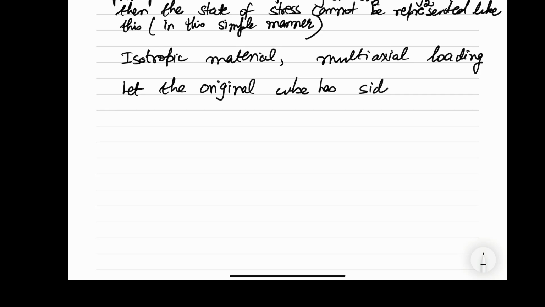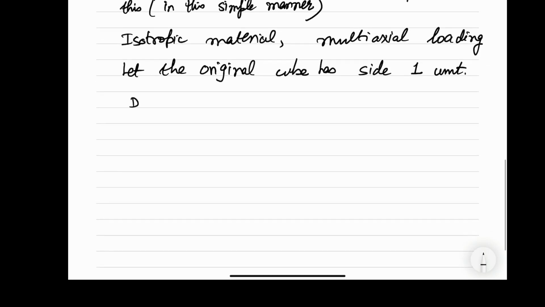Let this original thing which was subject to the loading be a cube with length of each side being 1 unit. So now the deformed cube, which is now a parallelepiped, has sides now.